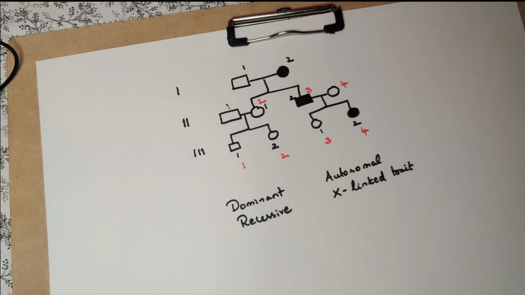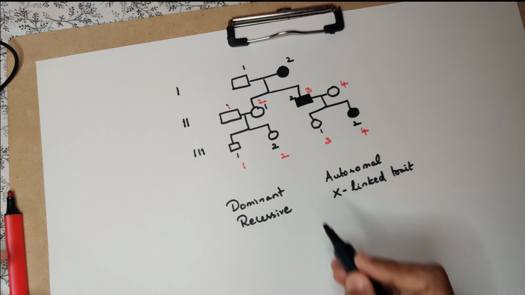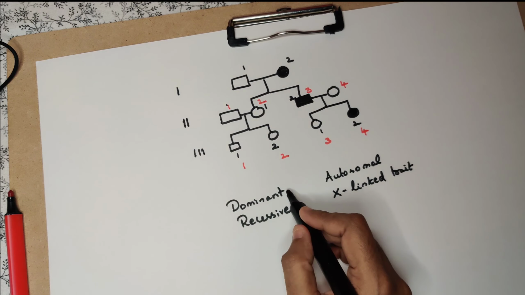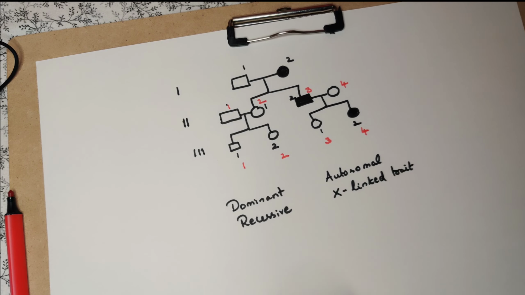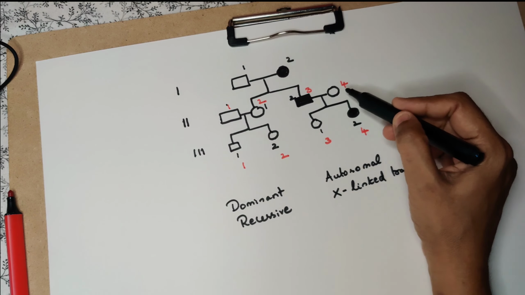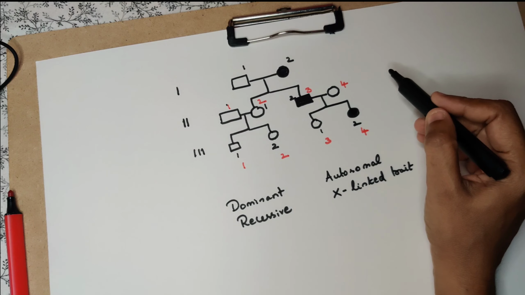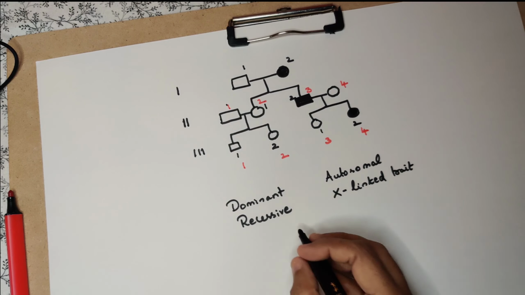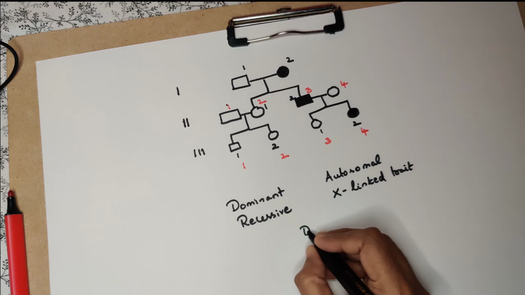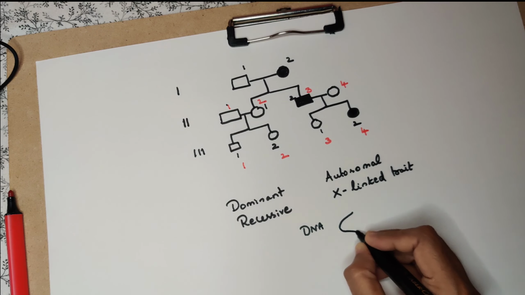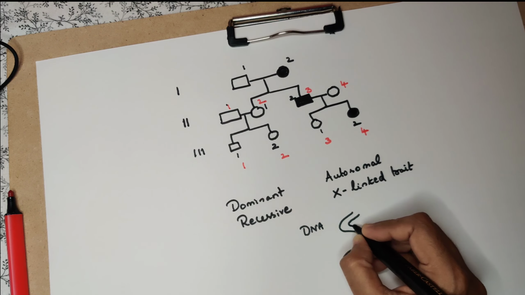So look at this. What do you mean by dominant trait? Dominant means even if one gene is present with that dominant character, the particular disease will be expressed in that particular generation for that particular individual. For example, your DNA is a double helical structure like this.